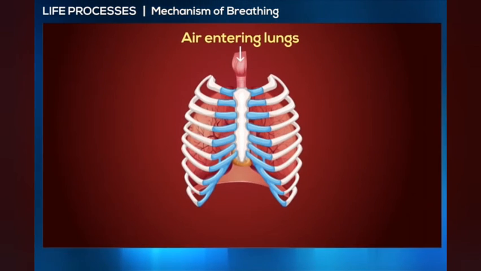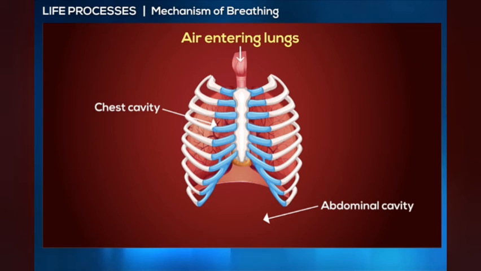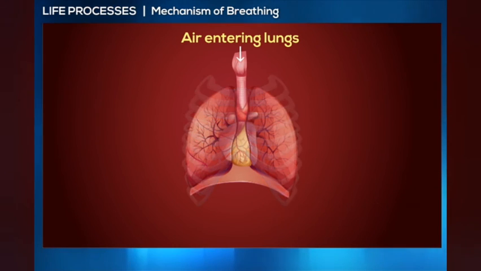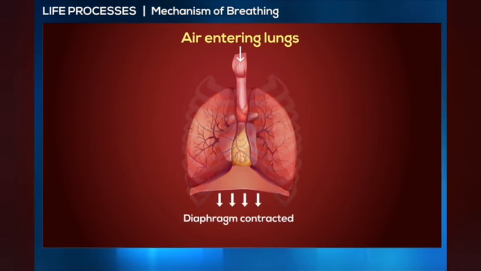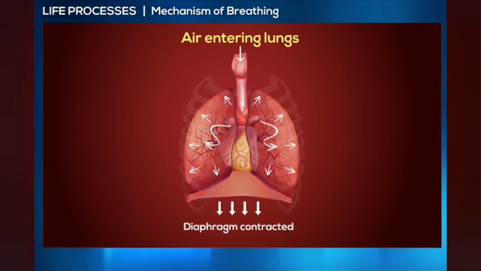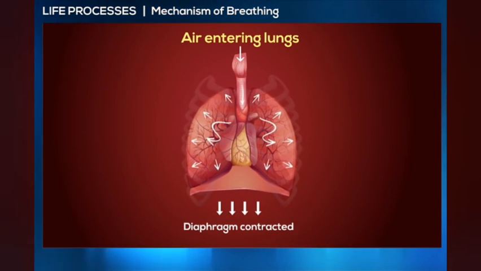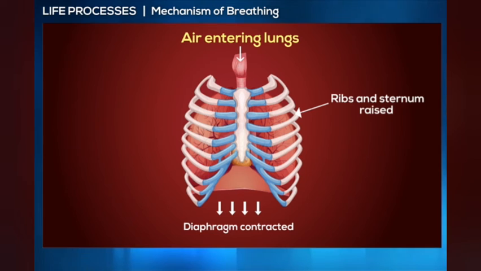The diaphragm is a dome-shaped muscular tissue that separates the chest cavity and the abdominal cavity. During inhalation, the diaphragm flattens, making more space for the lungs in the chest cavity. The ribs further move upwards and outwards.